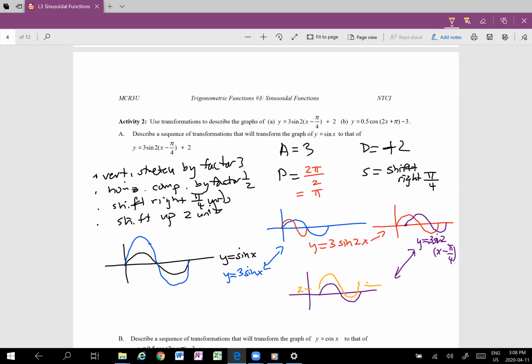And this graph is the y equals 3 sine 2x minus pi over 4 plus 2. So I kind of did it in stages, and hopefully you saw the animations. Now there is actually an alternate way of just getting the answer, but we'll do that when we get there.